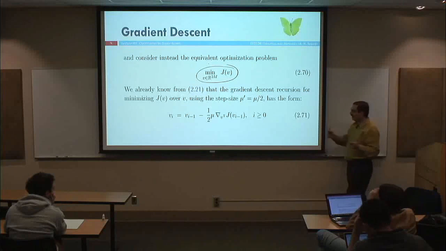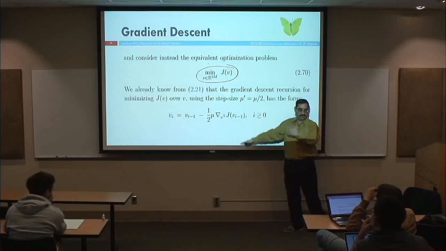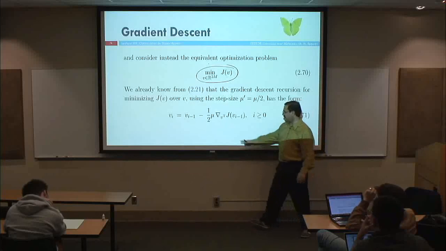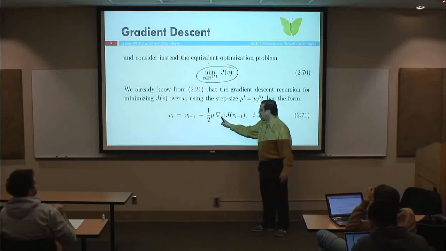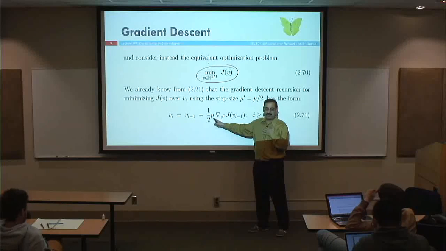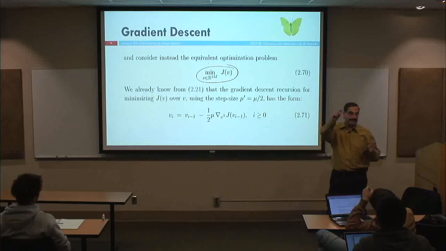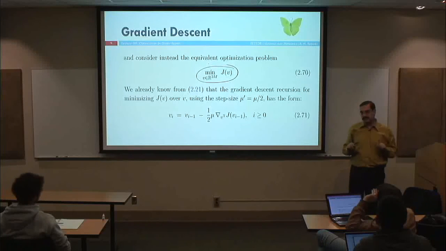Well, I can write down the gradient descent algorithm for it. We just talked about that in the first part of this lecture. The new v is the old v minus a step size times the gradient relative to v transpose, except that I'm going to use as a step size 1/2 mu. I'm free to choose mu. I'm going to choose it as 1/2 mu. We're going to see why.